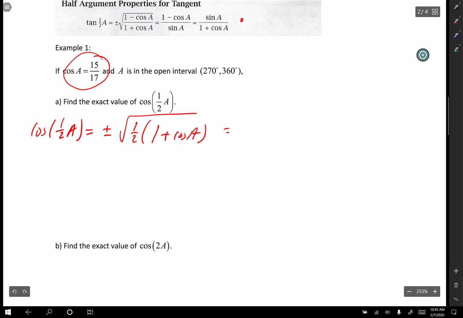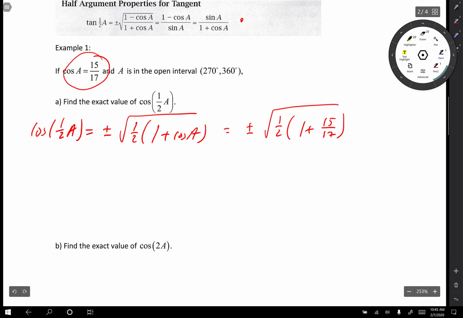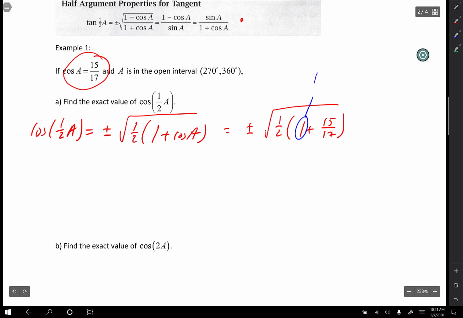So I'm going to write plus minus square root 1/2 times 1 plus 15 over 17. I'm going to turn that 1 into 17 over 17. So when I do that, you get 1/2 times 17 plus 15, which is 32 over 17.